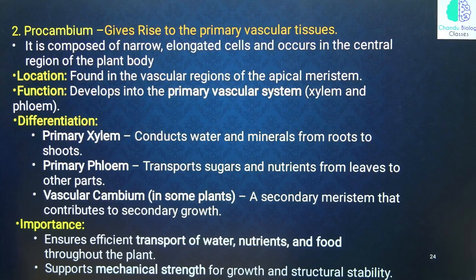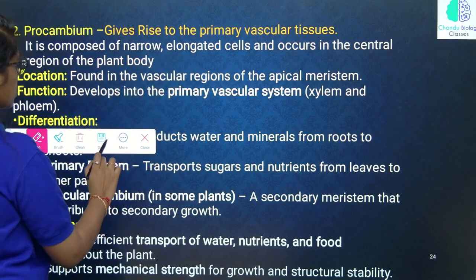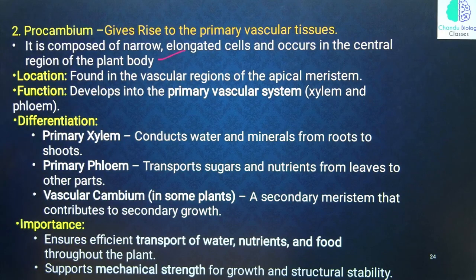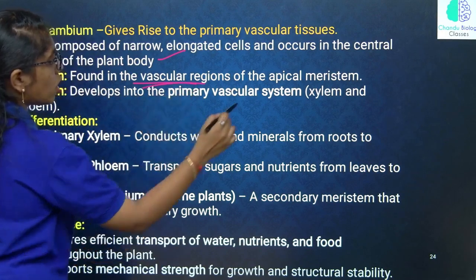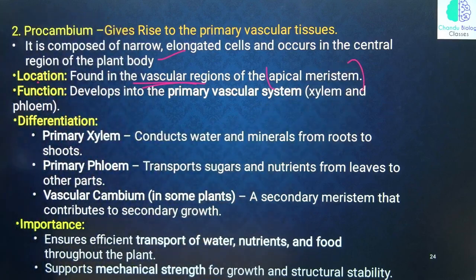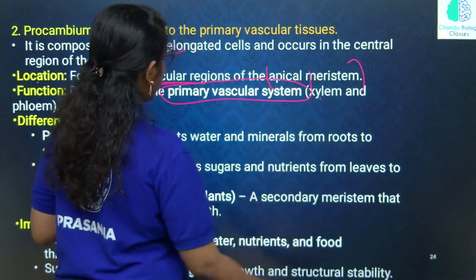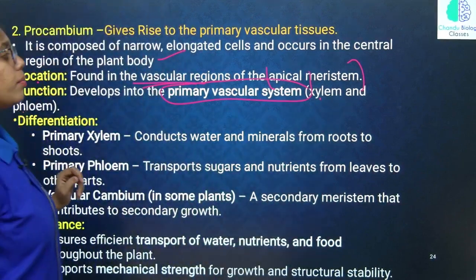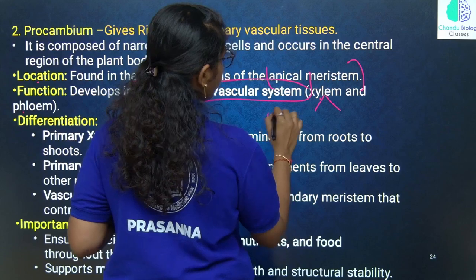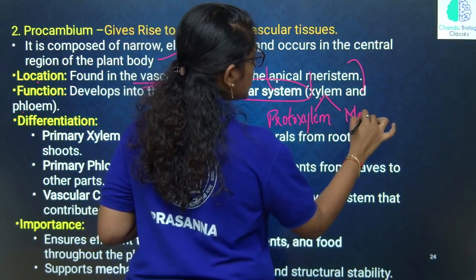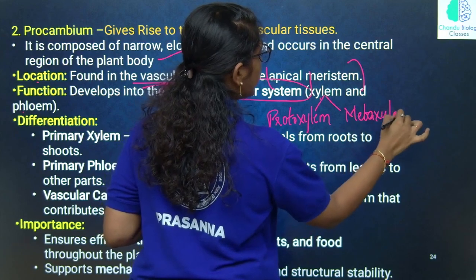Procambium. This gives rise to the central cylinder or the conducting tissues. It is composed of narrow and elongated cells. It occurs in the central region of the plant body. It is located in the vascular regions of the apical meristem, and its function is to develop the primary vascular system, that is primary xylem and primary phloem, wherein primary xylem forms two different types of tissues, protoxylem and metaxylem.